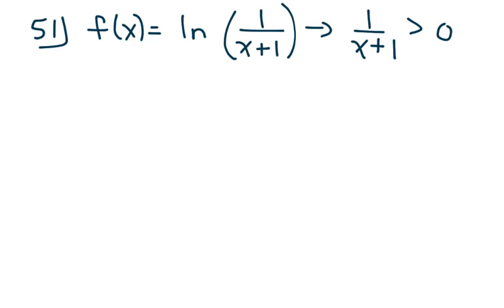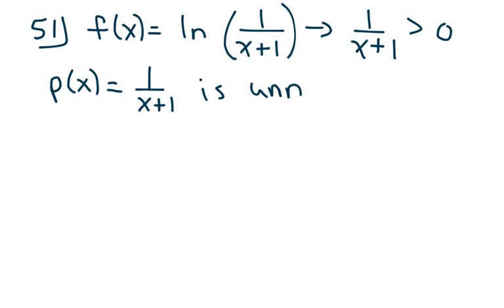Now, if I let p of x equal 1 over x plus 1, we know that this is undefined when x equals negative 1. So what I'm going to do is test values here. So I'm going to test intervals.